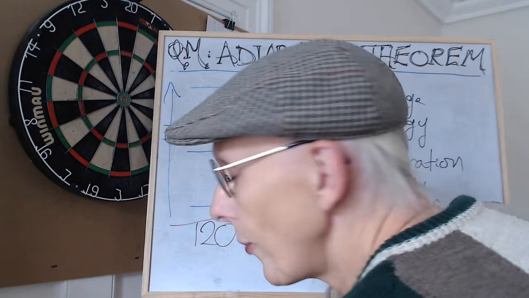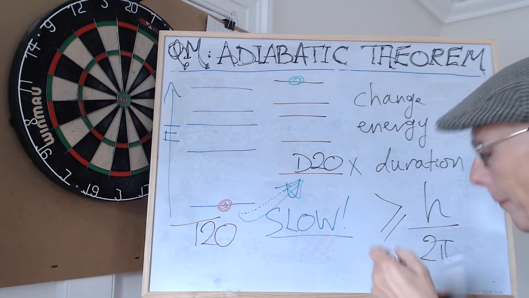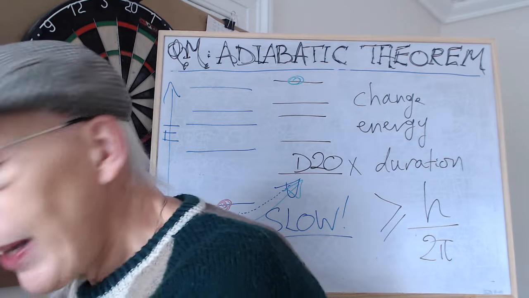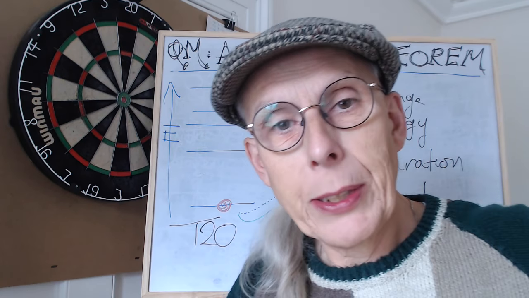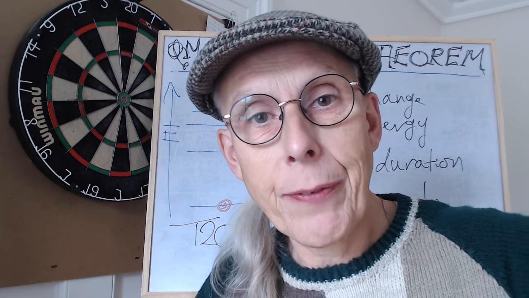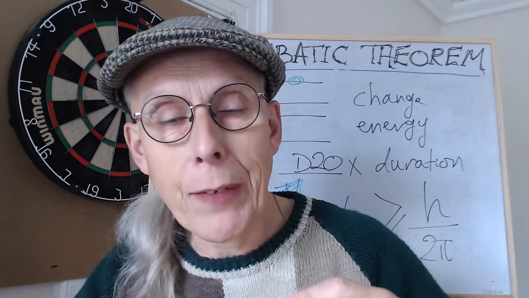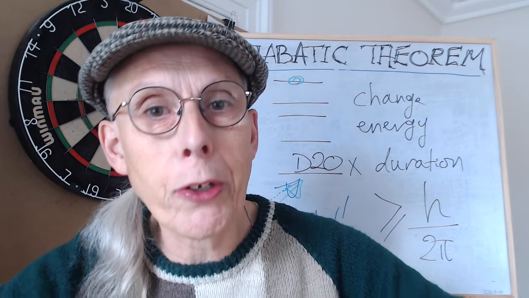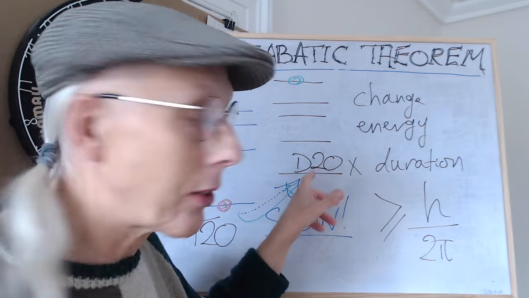So let's call this then double 20. When players shift from treble 20 to double 20, they make that shift using this kind of Heisenberg uncertainty principle idea. If you make that shift, you're introducing a lot of energy uncertainty. You're very unlikely to hit your target.